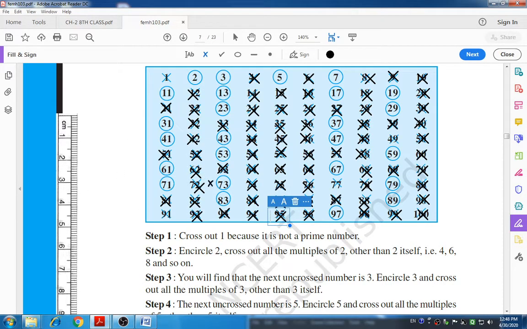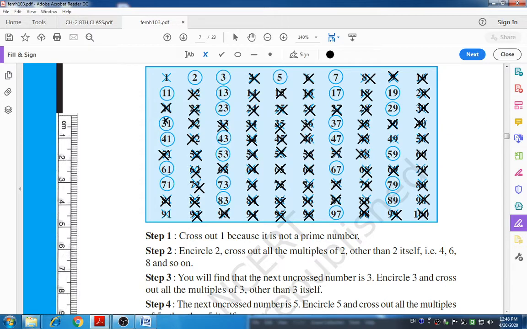Okay, now what about the 7? I will also cross the multiples of 7. So what will remain here? Only this 77. Okay, then no other number remains.